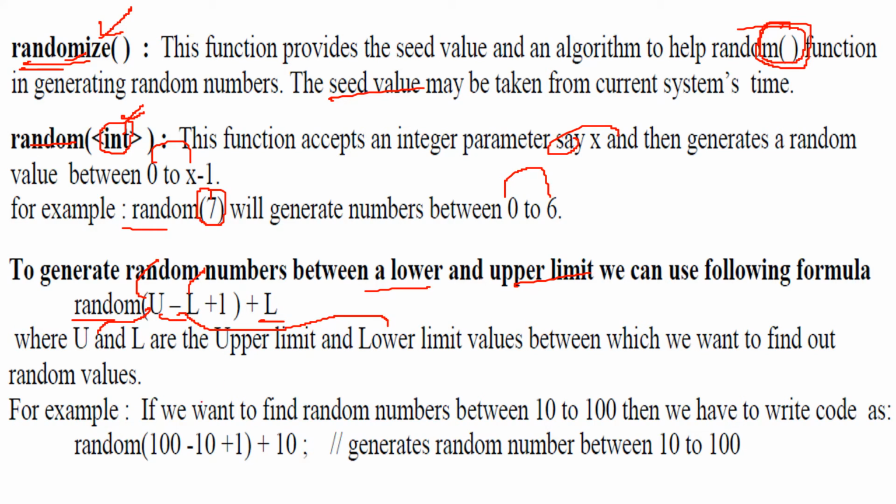For instance, if you want to find random numbers between 10 and 100, what we need to write is random(100 minus 10 plus 1) plus 10. U is 100, L is 10, then plus 1, and L again 10. So this will generate a random number between 10 and 100.